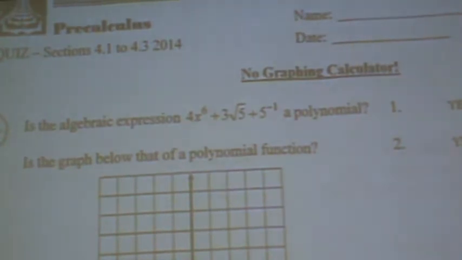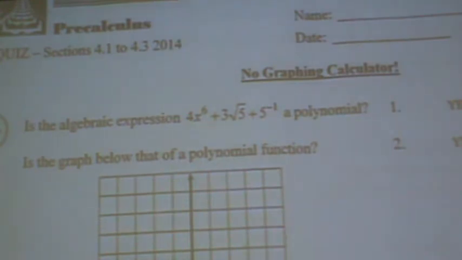Polynomials. Do you remember? A lot of you guys got this one wrong. Do you remember what an algebraic expression could have in it and what it couldn't have? Something about the variables. The variables could not have negative exponents.